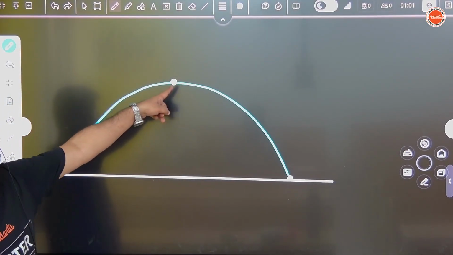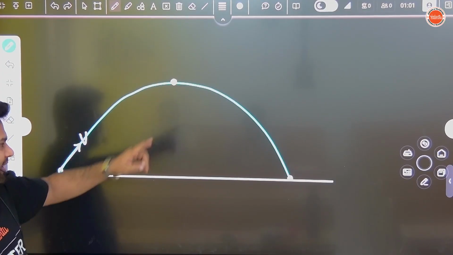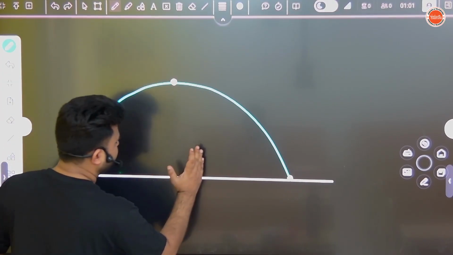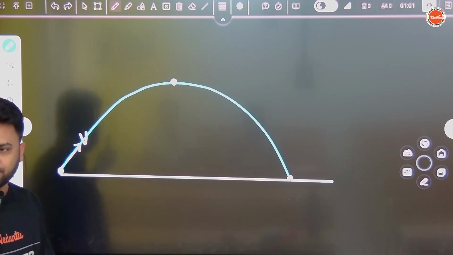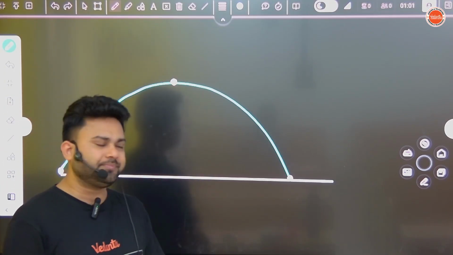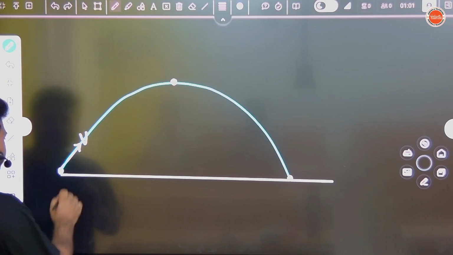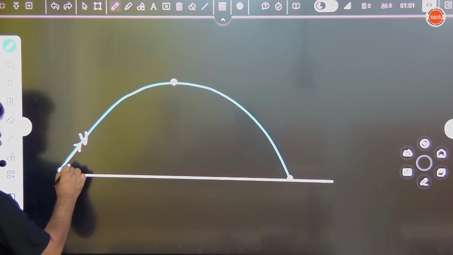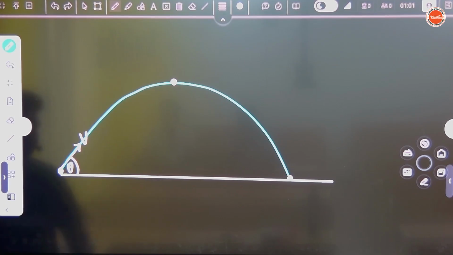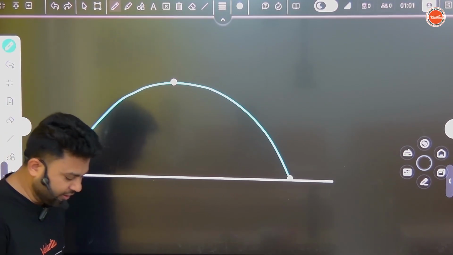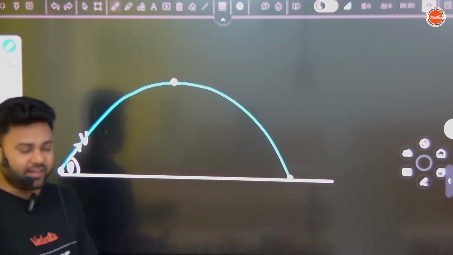So the ball has shifted to the right as well as upward. That's why motion in 2D. Now this is V and this is the angle made from the horizontal, the ground: you kick the football with velocity V, making angle theta.